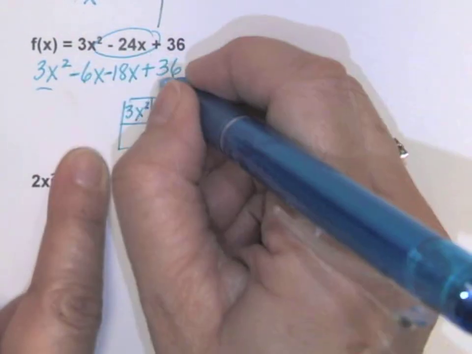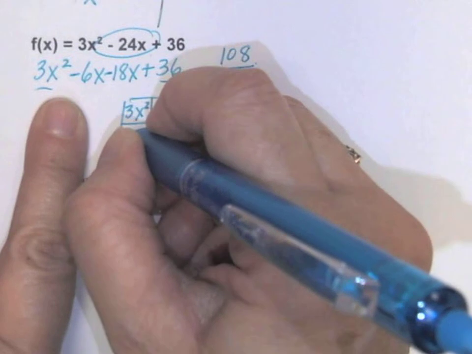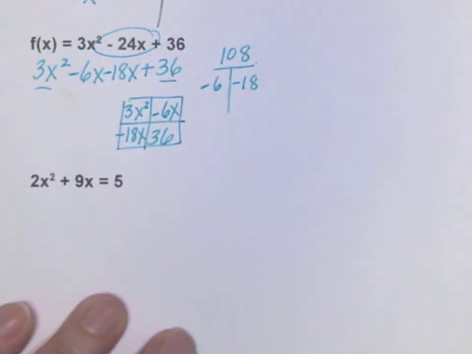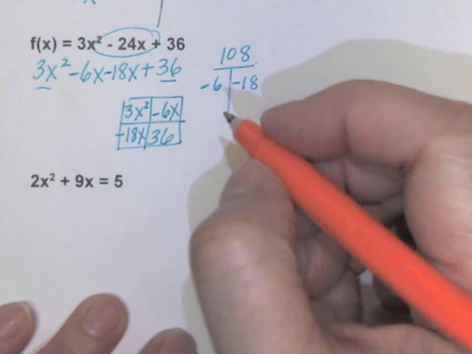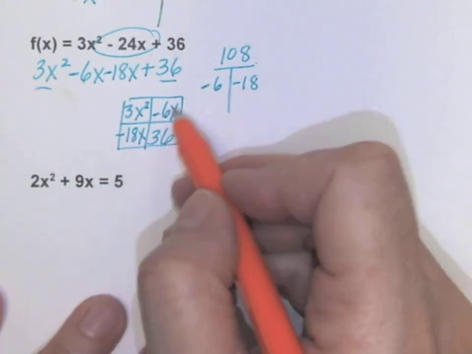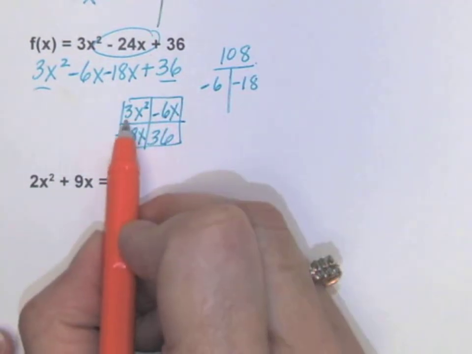These two stay the same. Don't put the 108 in the box. And then the negative 6x and the negative 18x fill in my like terms. Oh, the order doesn't matter. You can interchange that. Now I find the GCF for each row and each column.